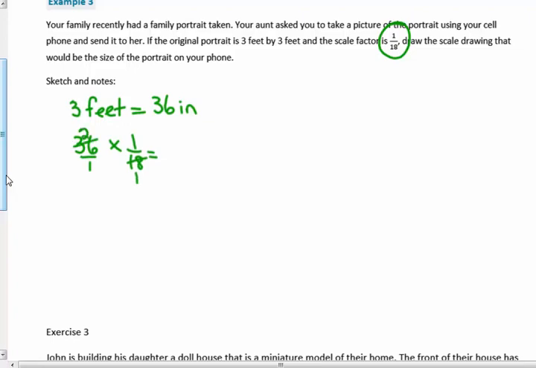It would give me that it's now going to be 2 inches, not 3 feet. It's going to be 2 inches by 2 inches. 3 feet by 3 feet, so our family portrait there was a square. Now it's going to be 2 inches by 2 inches.